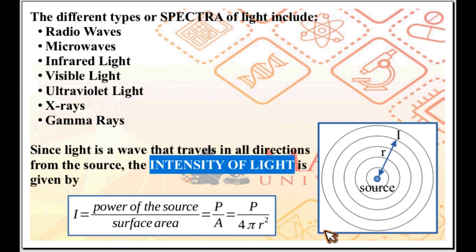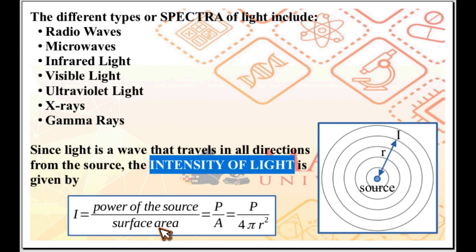And since we're talking about a sphere, we need the surface area of a sphere. Again, think of this in terms of 3 dimensions. Instead of concentric circles, you have concentric spheres.